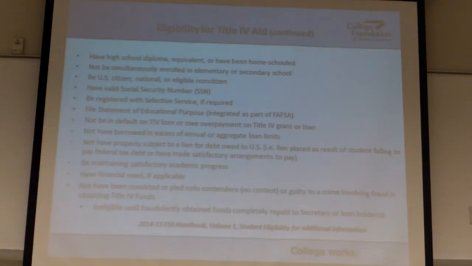So there's a regulation that says if the student doesn't have a high school diploma, if they have the ability to benefit from receiving federal financial aid, they can receive financial aid after completing 6 credit hours in an eligible program, or completing a Department of Education approved exam for the ability to benefit.